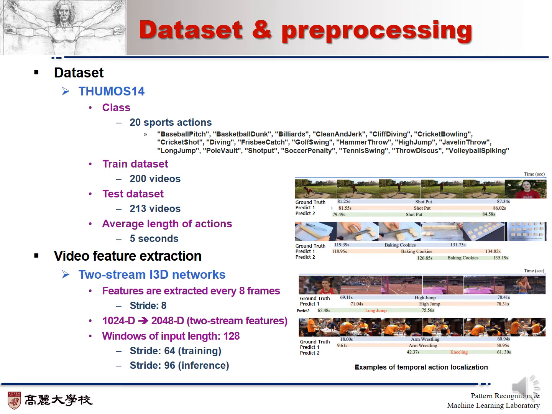If used as is, the model input size will vary and will need to be adjusted. So set the input length to 128 and set it to 64 stride for training and 96 stride for inference.